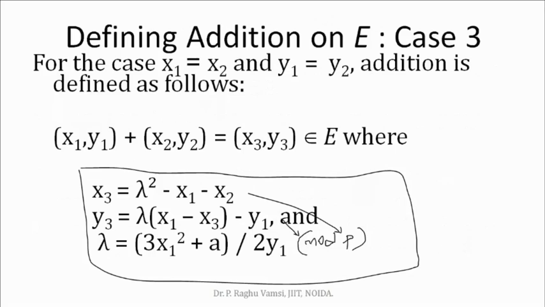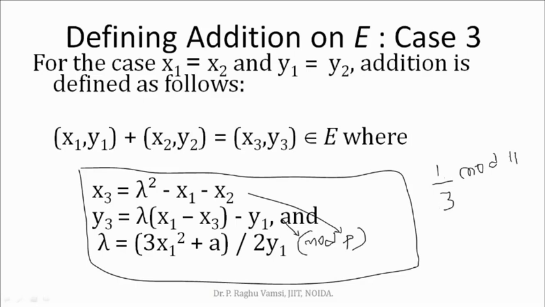And please remember, if you got a value like this, 1 by 3 mod 11, how to calculate this 1 by 3 mod 11?